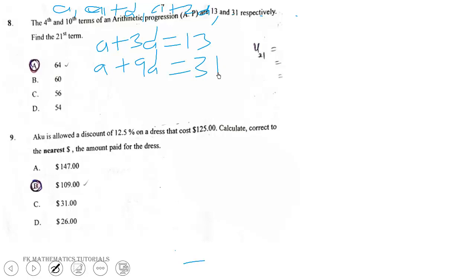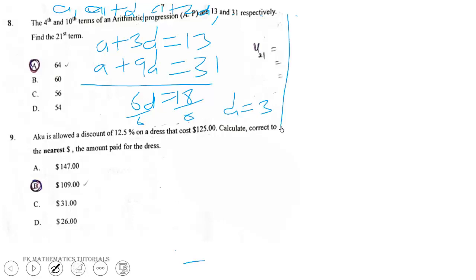So these are two equations. We can subtract equation 1 from equation 2. So 9d minus 3d will be 6d. And 31 minus 13 will be 18. So if that is the case, we can divide both sides by 6 to get d is equal to 3.